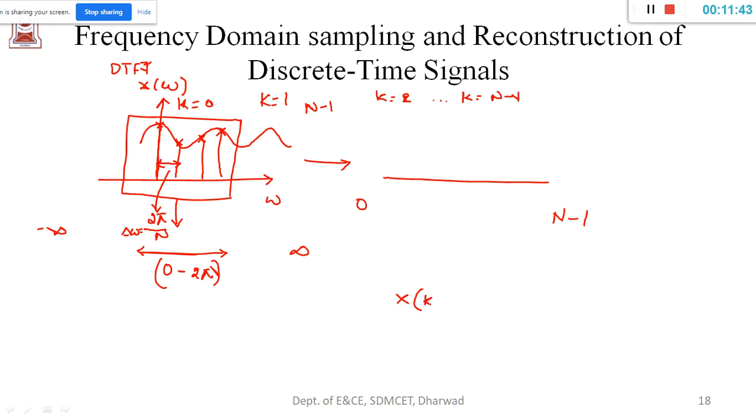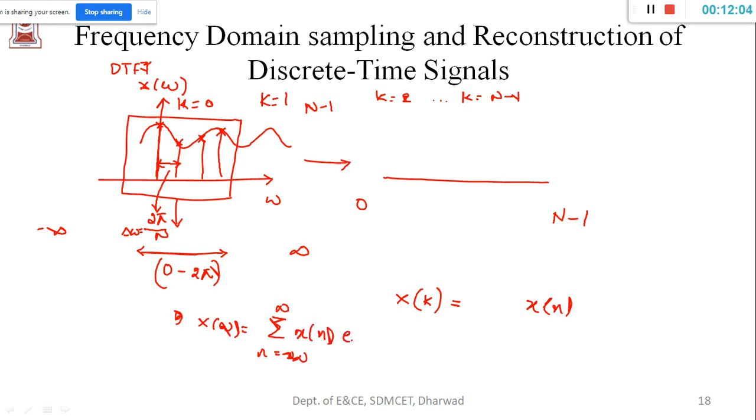We are calculating x of k from x of n. We know that the DTFT signal x of omega is the summation, n runs from minus infinity to plus infinity, x of n e to the power of minus j omega n. This is the DTFT signal.